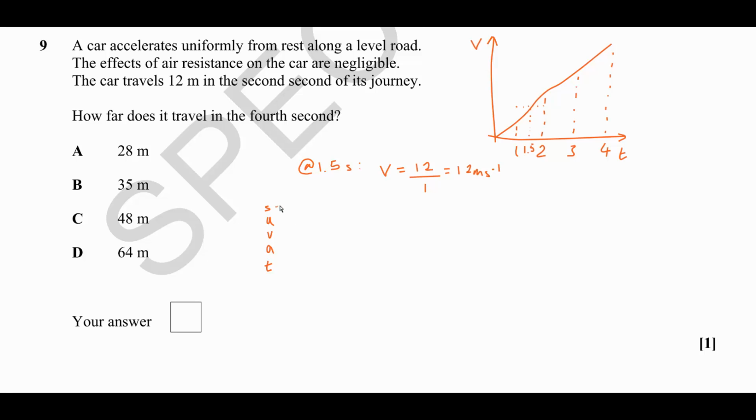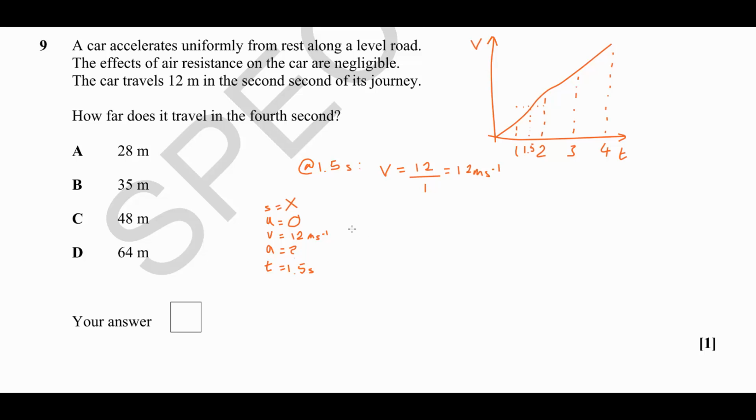So we don't care actually how far the car has travelled in total in that 1.5 seconds. We do know that it's starting from rest, so its initial velocity is 0. We do know that at 1.5 seconds, the final velocity is 12 meters per second. We are interested in finding out the acceleration, and we know that the time it takes is 1.5 seconds.